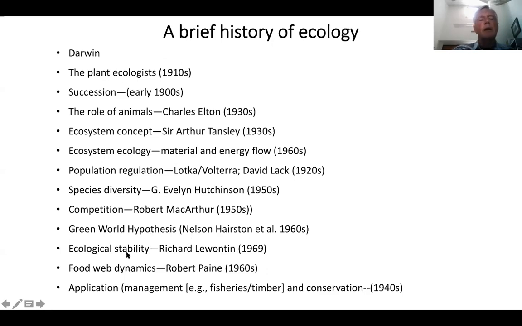The next major conceptual development in ecology has to do with stability, or the stability of ecological systems. I'm not going to talk much about this. It's fairly complicated, both theoretically and empirically, but it has been a very important part of the development of ecology, and probably the most important early thinker in this area, in my opinion anyway, was Dick Lewontin. Dick Lewontin was actually a population geneticist.